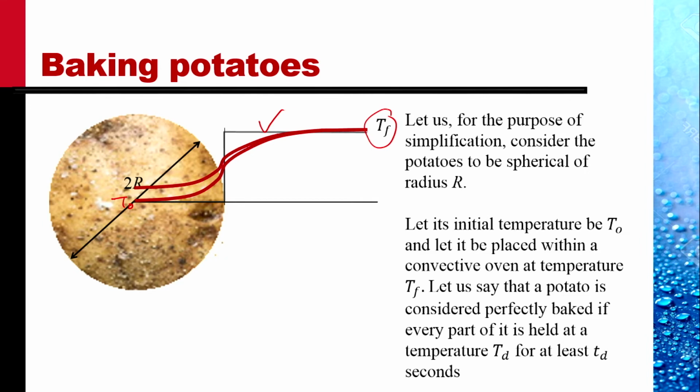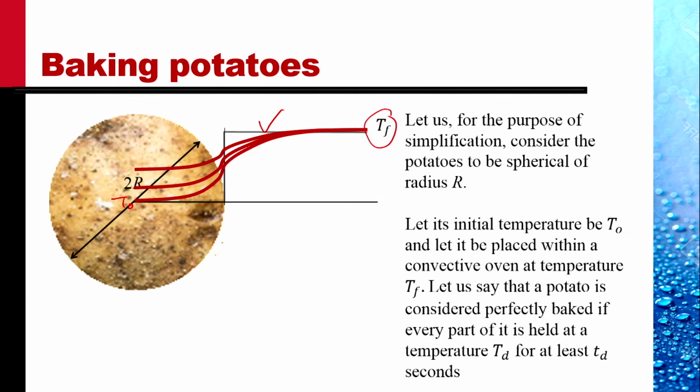At a little larger time, the temperature at the center would also start rising. Temperature everywhere in the potato would be rising, and this might be a profile, and at a still later time the profile may be this.